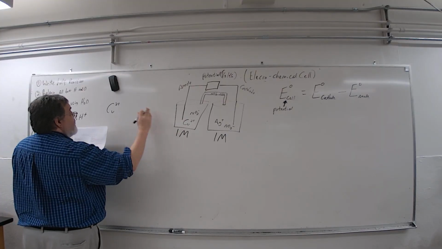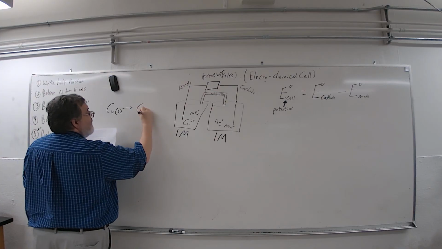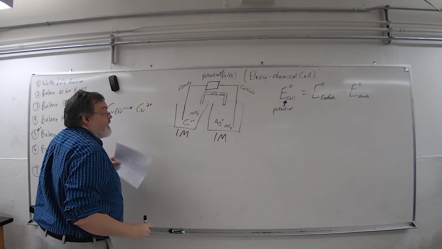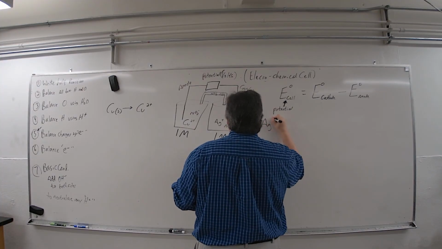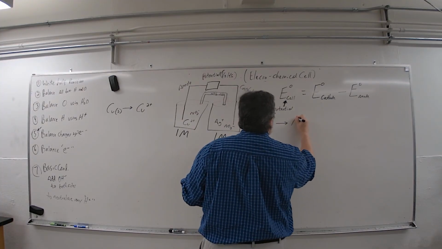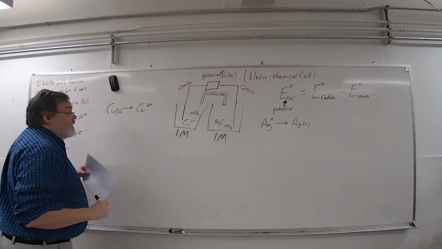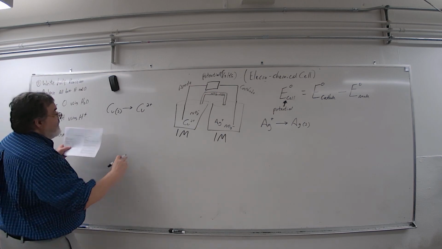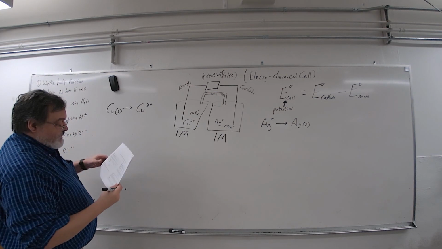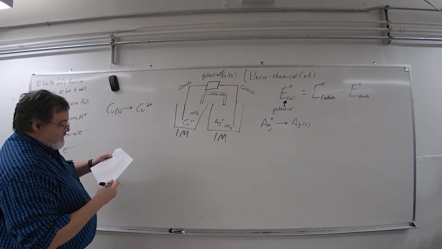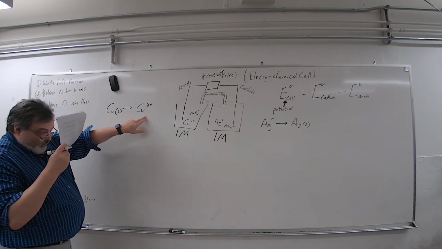So what you've got going on over here is Cu, and over here is Ag solid. So you look up the one in the chart that has Cu2 plus going to Cu solid. Make sure I'm looking for the 2 plus.